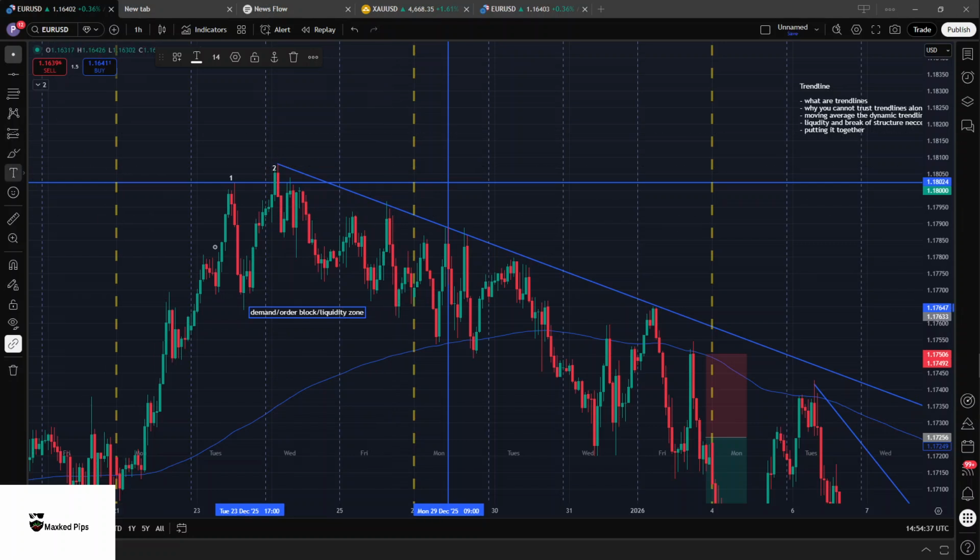This would be a supply zone, and also a liquidity zone, because every supply zone is liquidity.